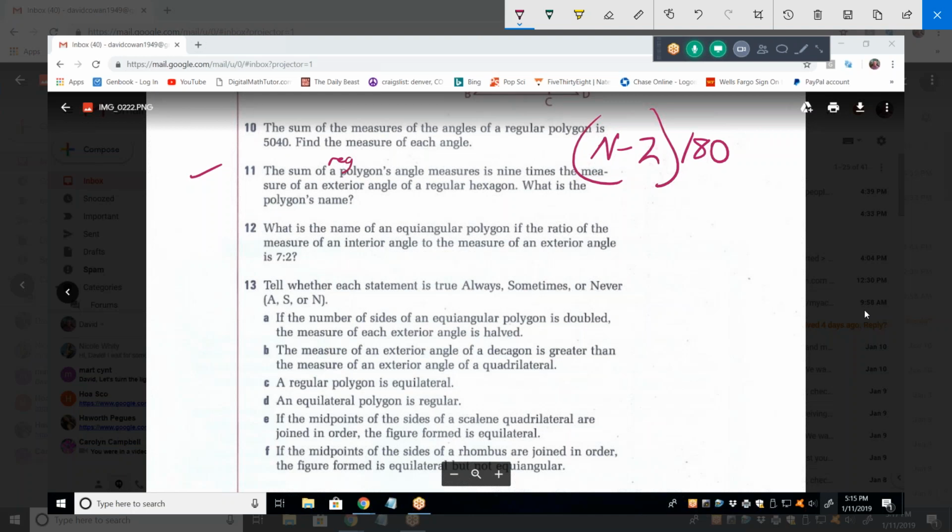The sum of a regular polygon's angle measures is equal to 9 times the measure of the exterior angle. What's the measure of the exterior angle of a regular polygon? 360 divided by what? 360 divided by n. Oh.